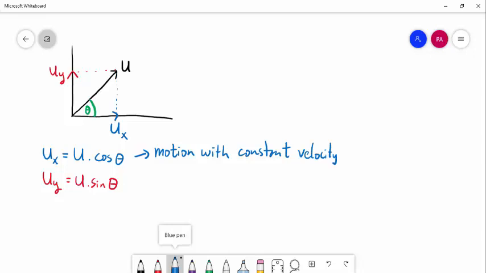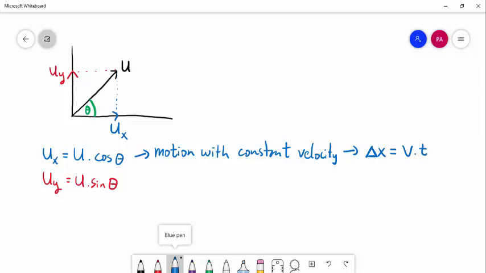So we just have one formula for motion with constant velocity. Is it s or x, or delta x, equal to v times time, v times time.